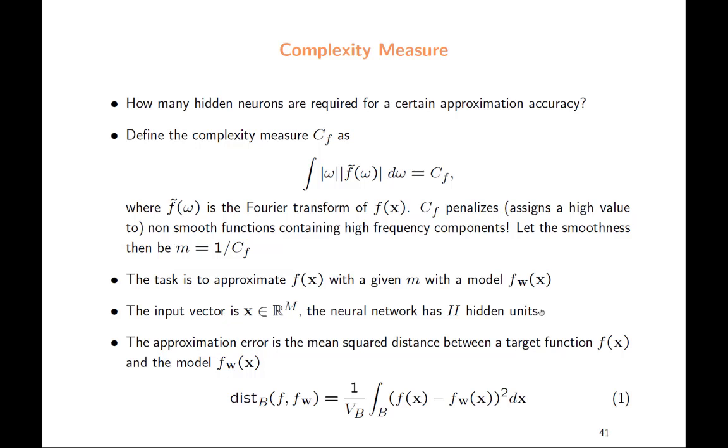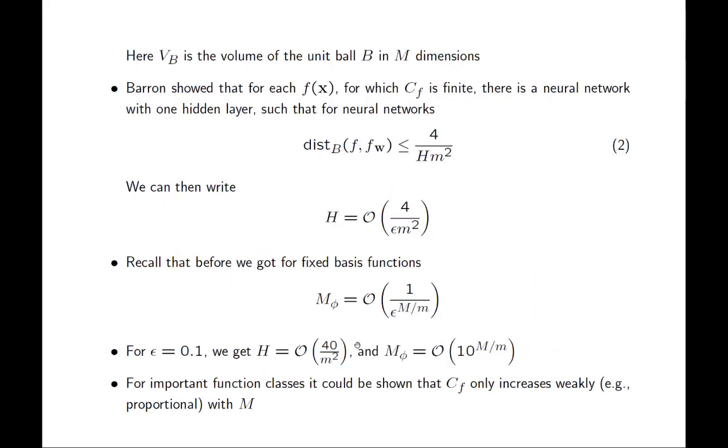And as before, we define the approximation error as a distance between the function and the parameterized function, our model. It's the integral of the difference squared over the unit ball divided by the volume of the unit ball. So it's the average distance.